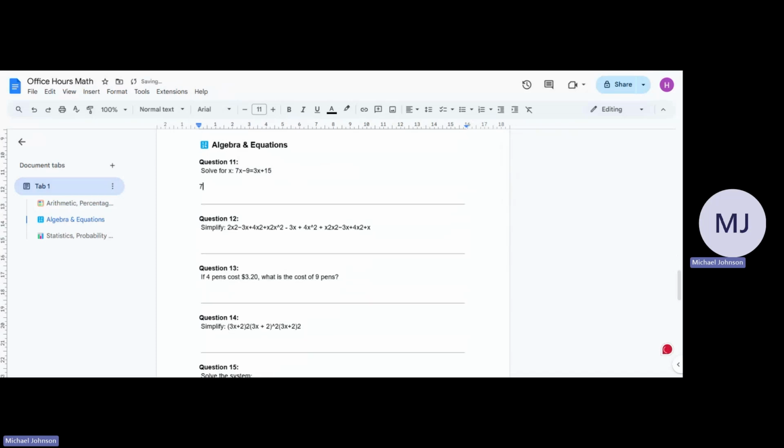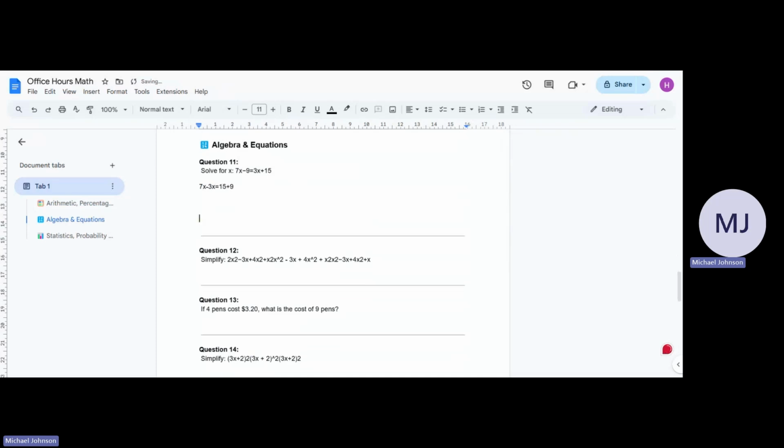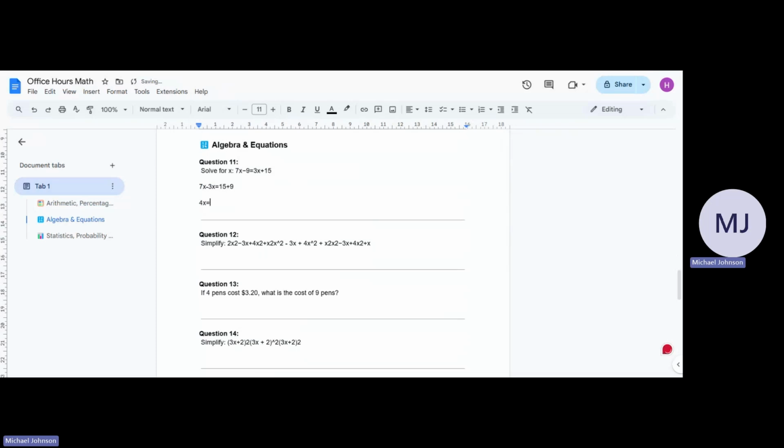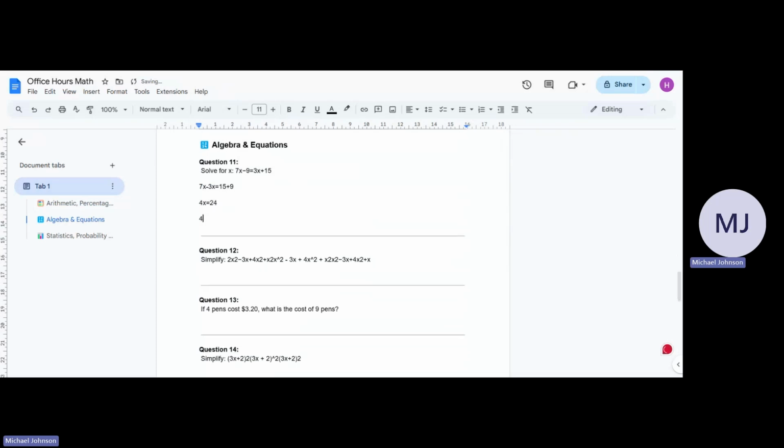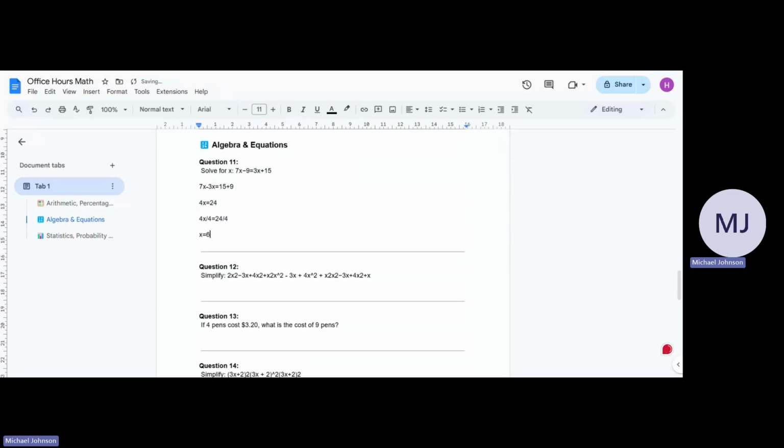So what we do is bring all the x's to one side, so 7x minus 3x, because if you bring it to the other side, it becomes the opposite sign. 15 plus 9, 4x equals 24. 4x divided by 4, 24 divided by 4, x equals 6. So that's how you do that one here.